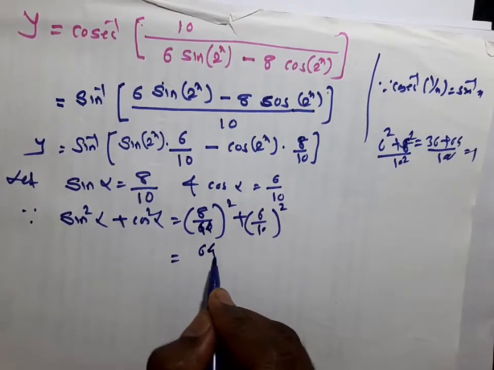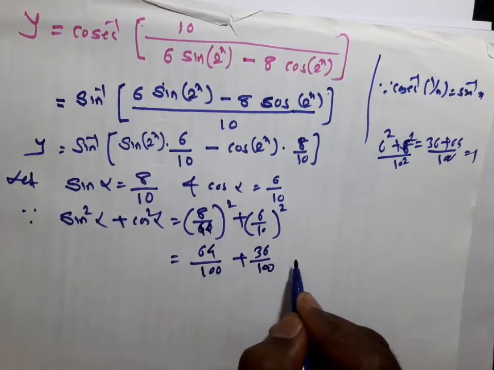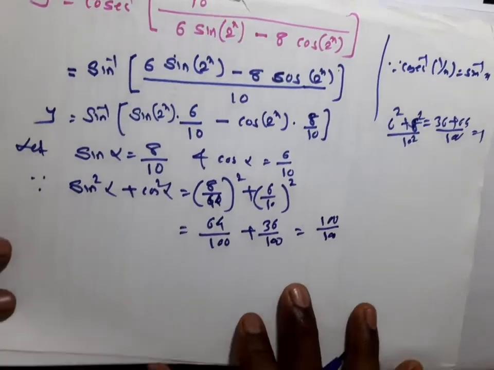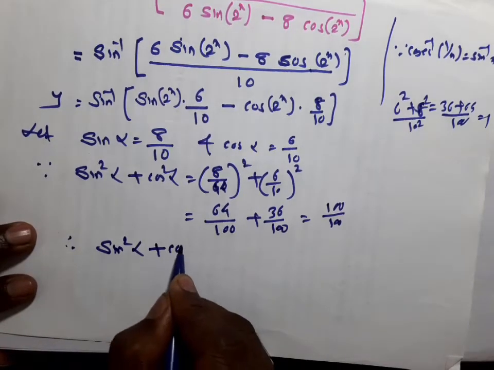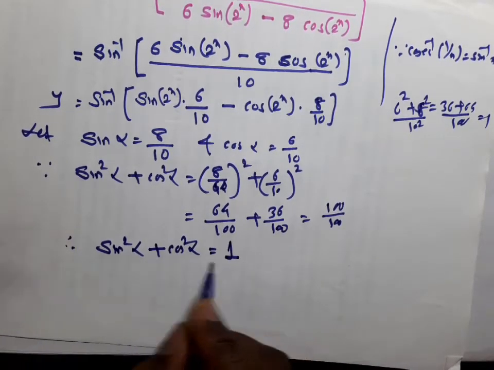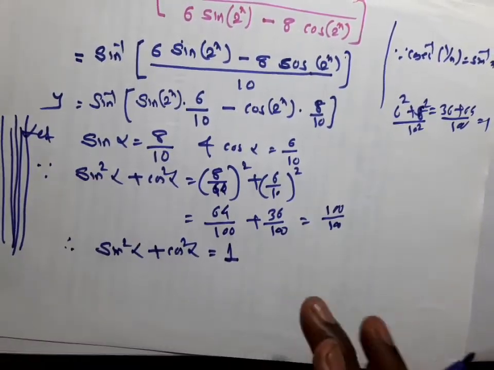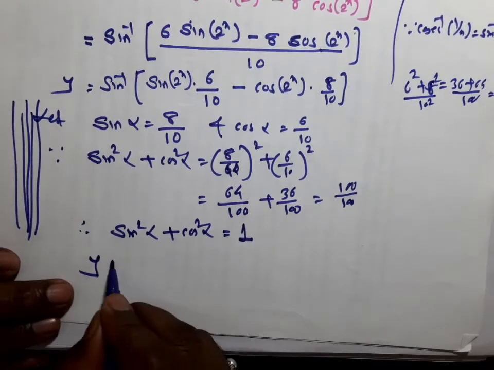It will be 64 upon 100 plus 36 upon 100, that is 100 upon 100. And therefore, sine square alpha plus cos square alpha is 1. So this is a very important part. For these types of examples, if you are able to interpret all this, then you can enjoy.